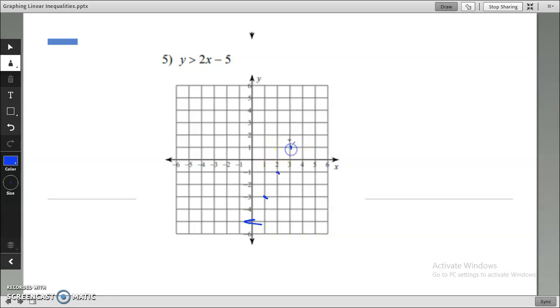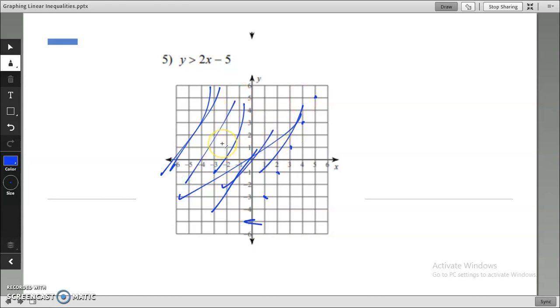And I'm going to just do as many as I can because I can see that it's supposed to be dotted. Why do I know it's dotted? Because there's no line under here. It's not equal to. So that means that these are not actually part of the solution. Then it says greater than, so greater than means everything above the line.